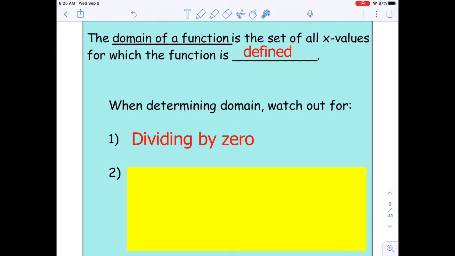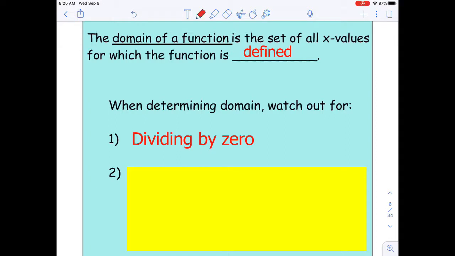The domain of a function is the set of all x values for which the function is defined. We're now going to do some problems where we try to figure out the domains of functions. There are only two things you need to watch out for. The first one is you can't divide by 0.